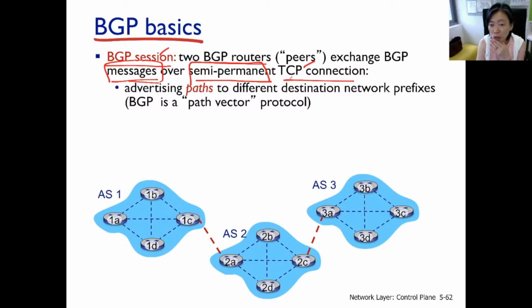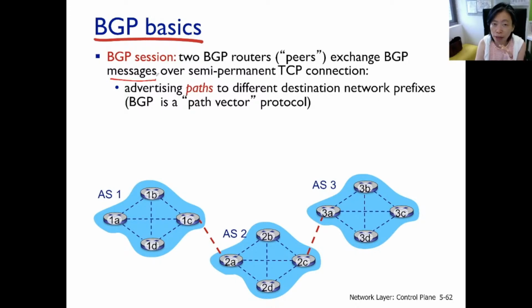To push it a bit further, what about using TLS, the secure version of TCP? If we use TLS, these BGP messages, these path vectors, will look more like application level messages. You think about it, you debate within yourself.